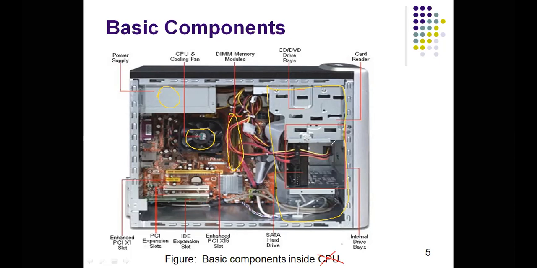This is called the drive bay. Here you can insert your CD. You can insert some other cards. You can insert internal bays given here. You can insert a hard drive, I mean hard disk. Different types of components you can place here.